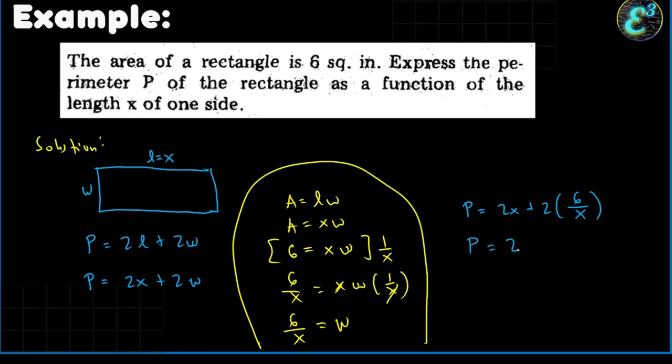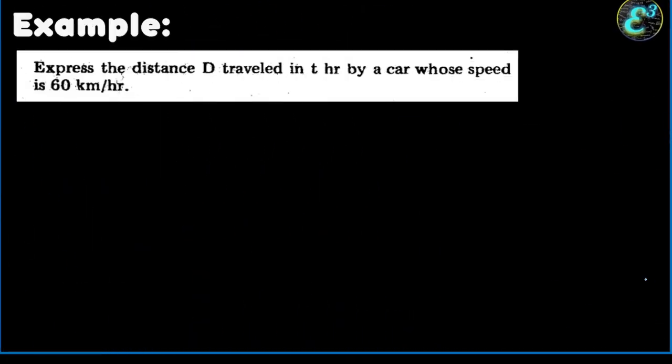So P is equal to 2x plus 12 over x. And this is now our answer. Okay, next example.